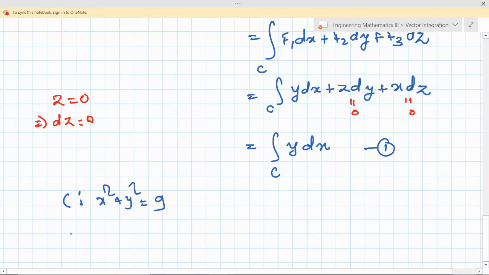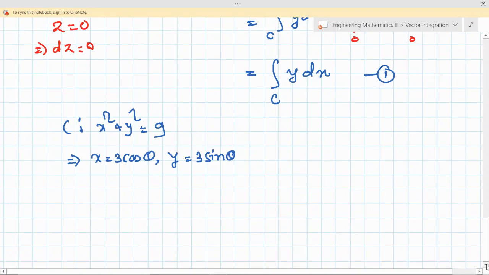And what are the parametric equations of a circle? x is equal to 3 cos theta, y is equal to 3 sin theta, that is r cos theta, r sin theta. Probably you have seen this. And dx is nothing but minus 3 sin theta d theta. We don't need dy because only y dx is there, and theta runs from 0 to 2 pi. These are the limits. Now see what about this integral.